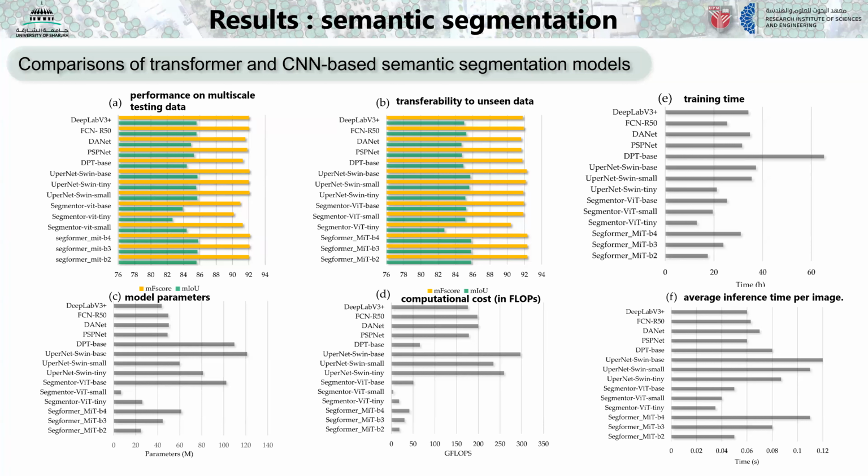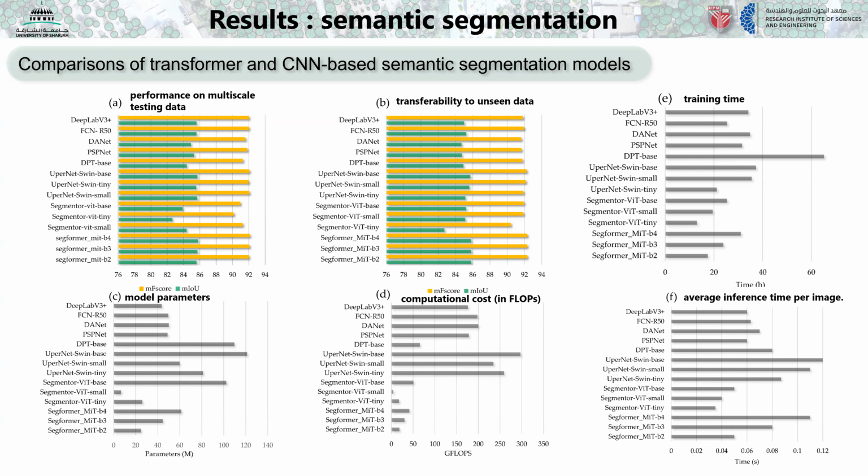In terms of model parameters, the Segmenter has the least number of parameters, but it produced poor results. SegFormer and UperNet based on Swin Transformers produced the highest results, and the SegFormer model had the lowest number of parameters, lowest computational cost, and least amount of training and inference time.